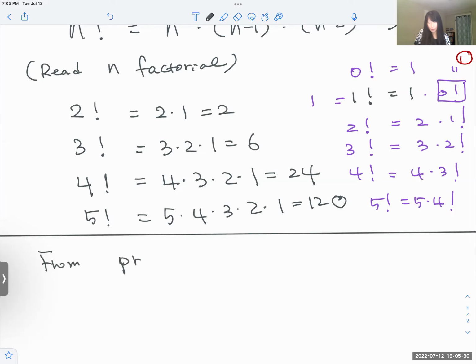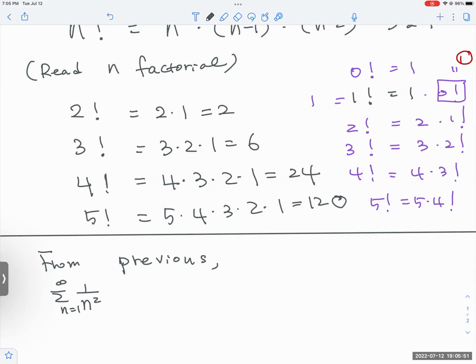So we have the series 1 over n squared. We know this is what? Converges or diverges? Diverges. Hmm? Oh, converges. Sorry. Why converges?